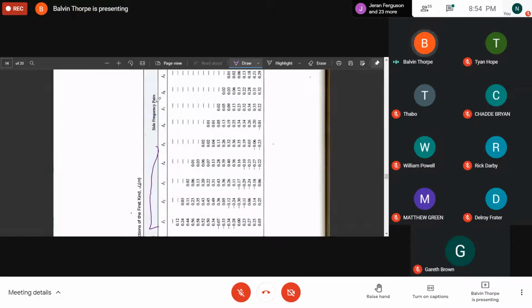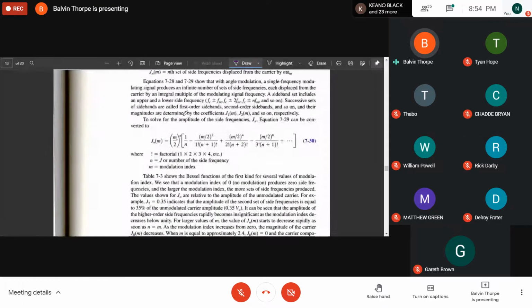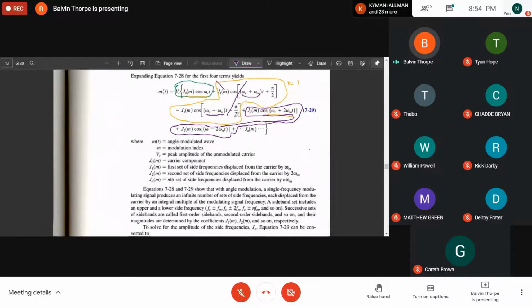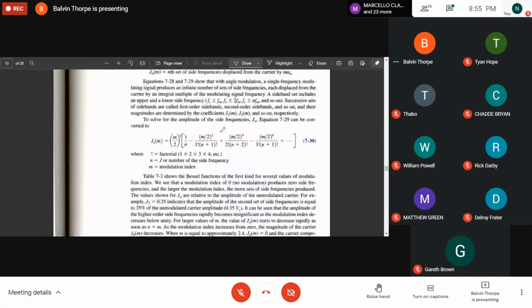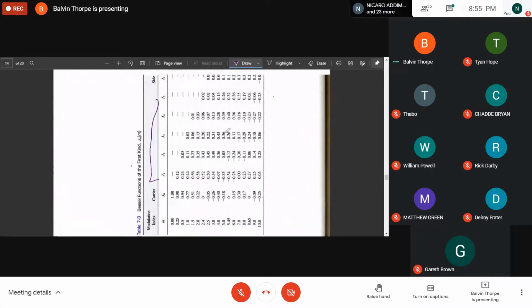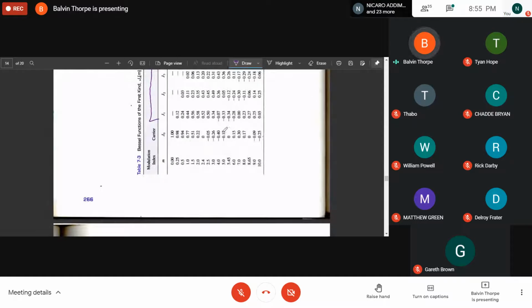I said pairs because we realize from this expression that you're going to have a side frequency pair for each of these values. For J1, you're going to have the upper and the lower. For J2, you have the upper and the lower. So that's why it's a pair. Through an example, you see it better.